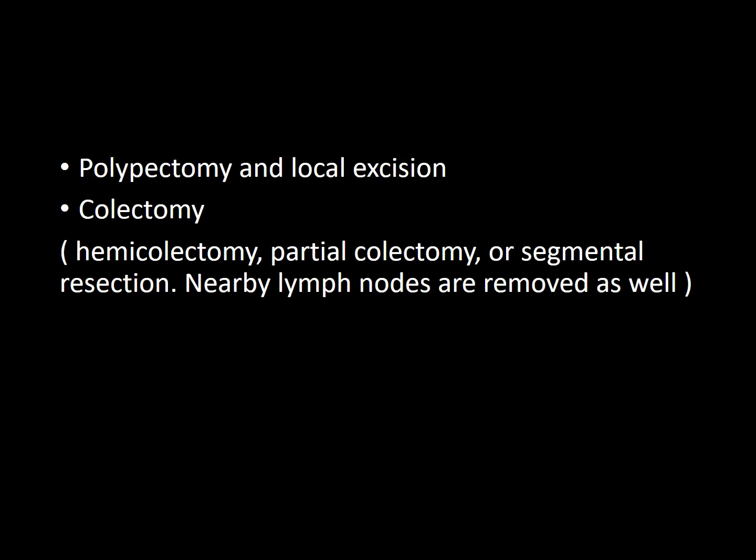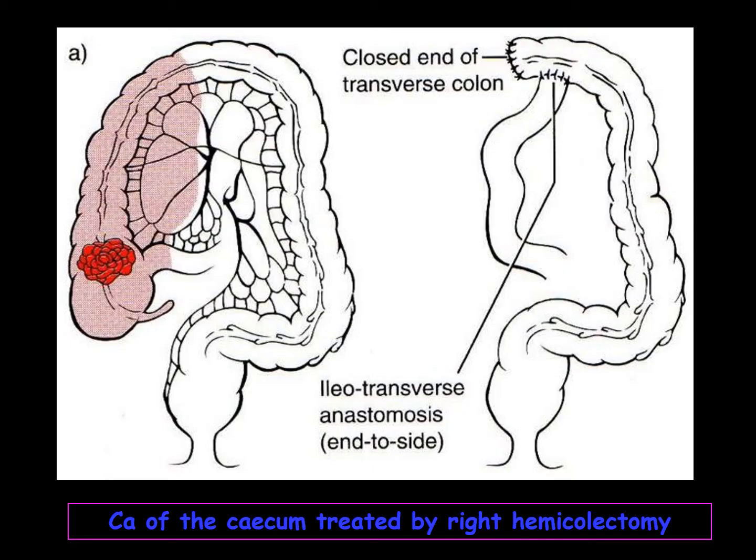Polypectomy and local excision if these are small tumors, carcinoma in situ, and very small ones, so we just do a localized resection. Colectomy, either right or left hemicolectomy, or partial colectomy, or segmental resection. Nearby lymph nodes are removed as well. Then we make an anastomosis, the ileotransverse anastomosis, in two sides. Why in two sides?